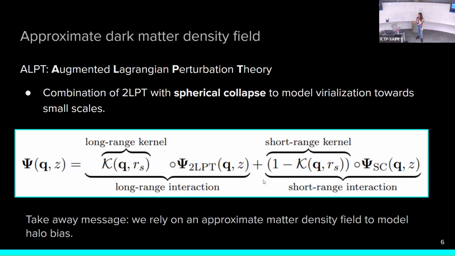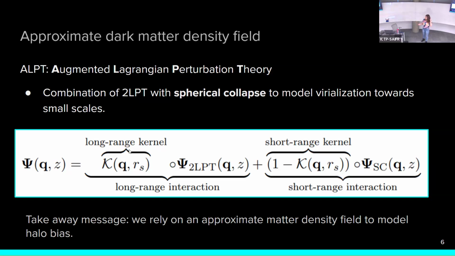Of course, this is still an approximation, but this is just to explain what I'm using. Then you combine these two displacement fields with a kernel. This is just a Gaussian filter, which is a function of some smoothing radius. You can choose it to balance the contribution between both. This is typically 6 megaparsecs.